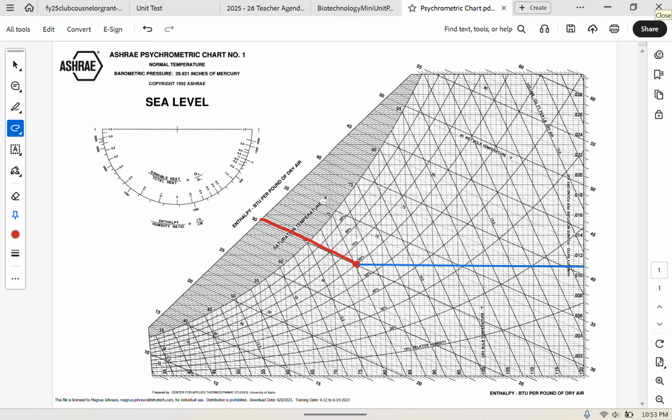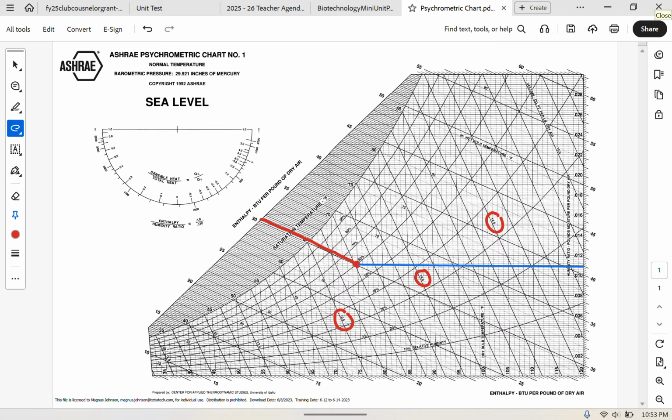And we can see actually our specific volume as well. So the specific volume lies on these other diagonal lines where you can see, for example, 14.5, 14, 13.5. These are the cubic feet per pound of dry air.